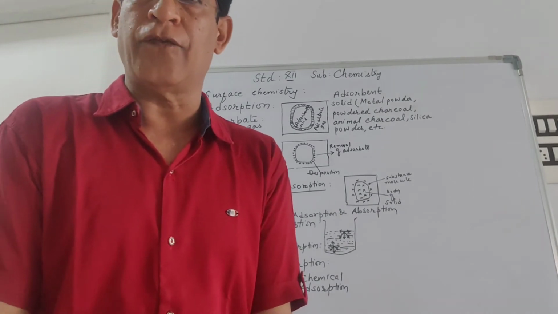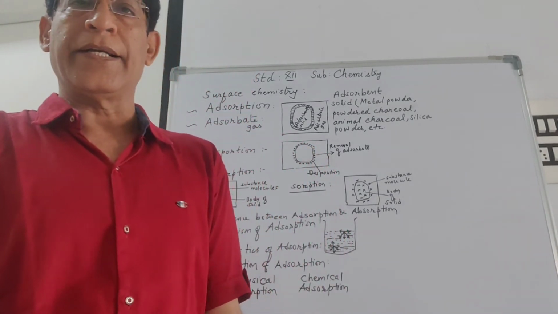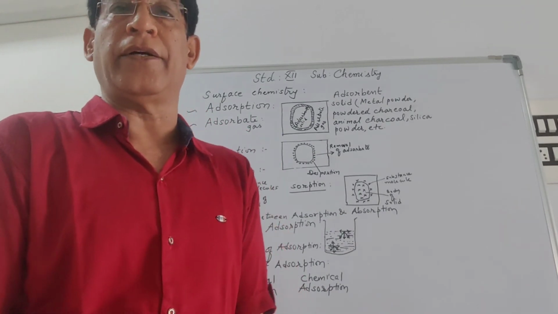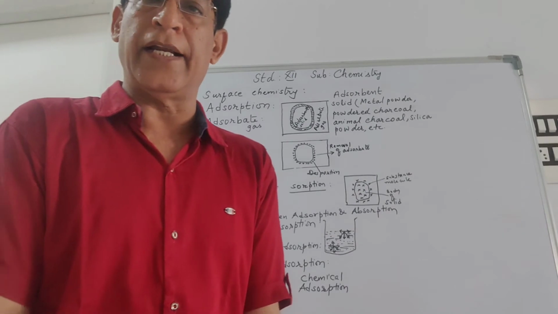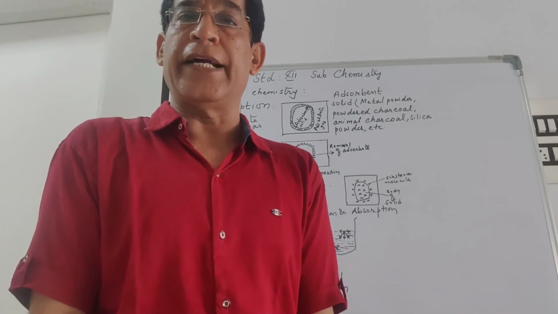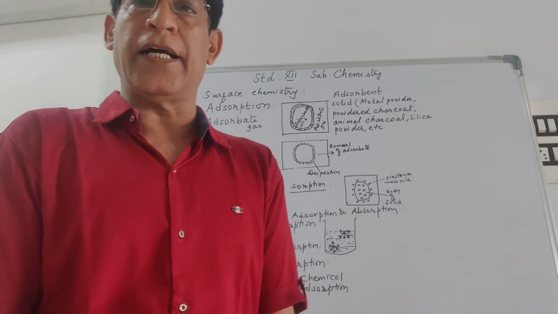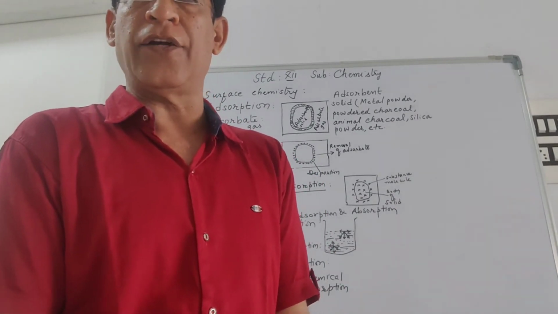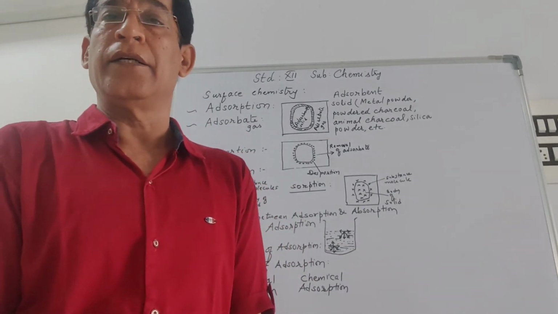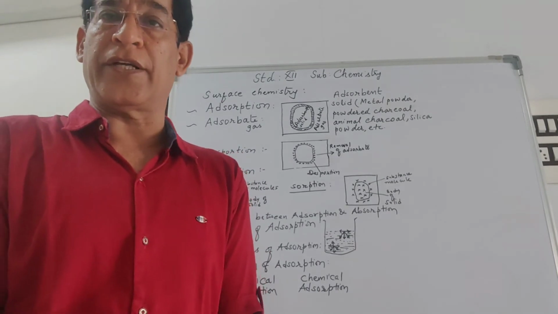On the basis of the Gibbs-Helmholtz equation, delta G is equal to delta H minus T delta S. Delta G can be negative if delta H has a sufficiently high negative value and T delta S has a positive value.